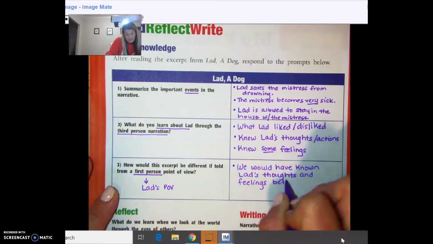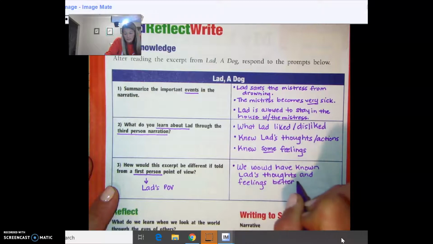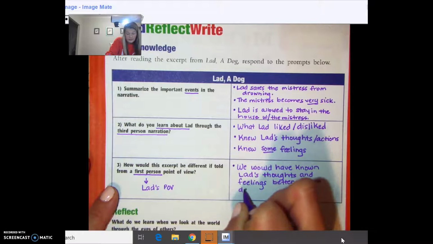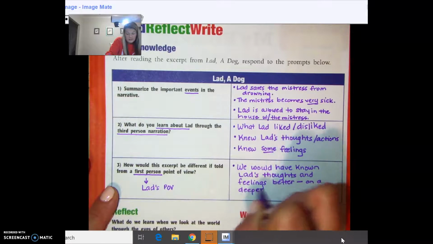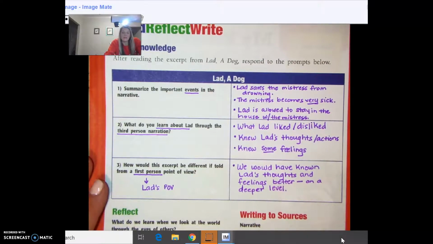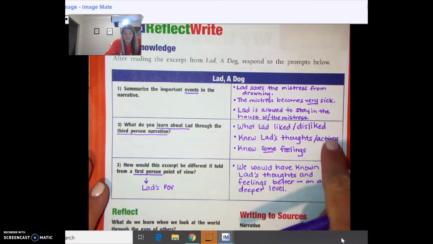I'm going to use just the word better for now. We would have known them better on a deeper level. And for example, what I mean here is when the mistress was drowning, we knew Lad's actions.